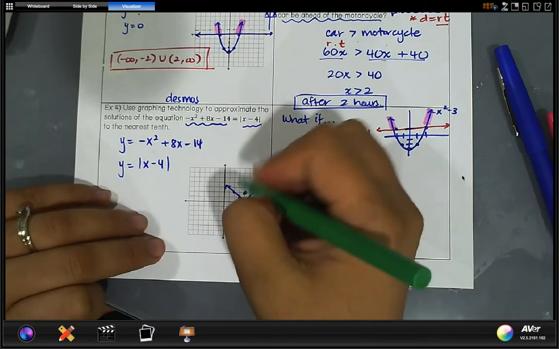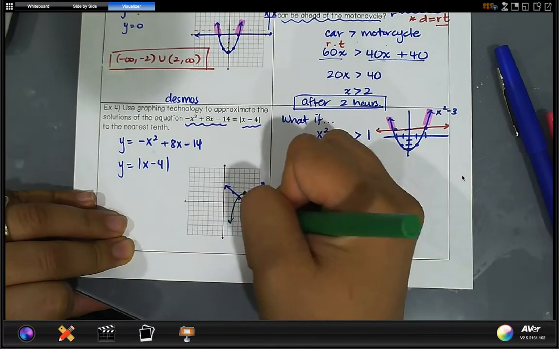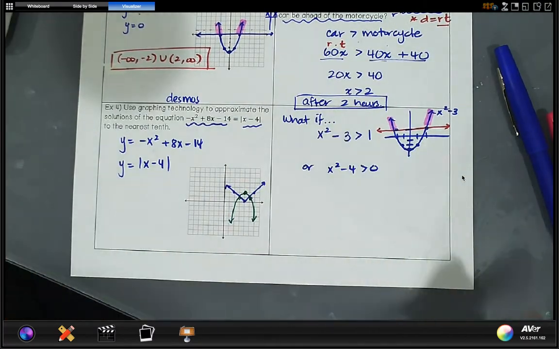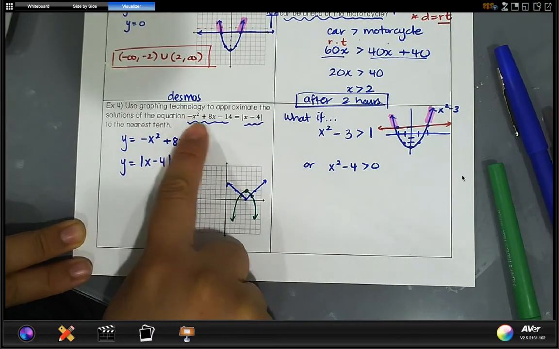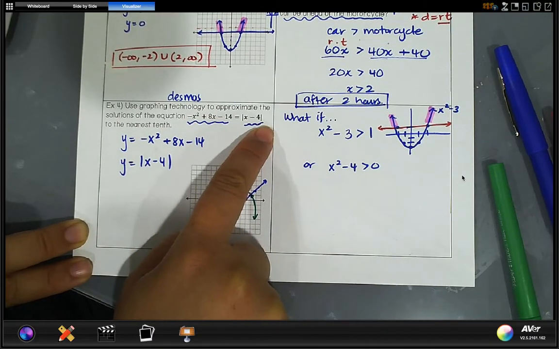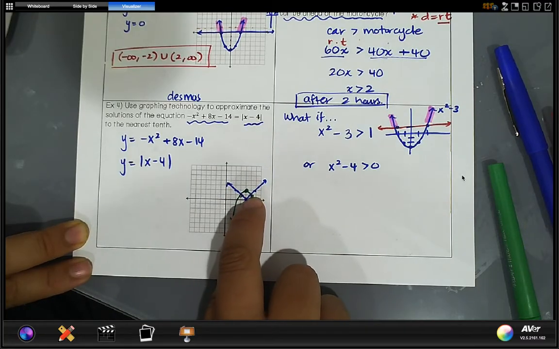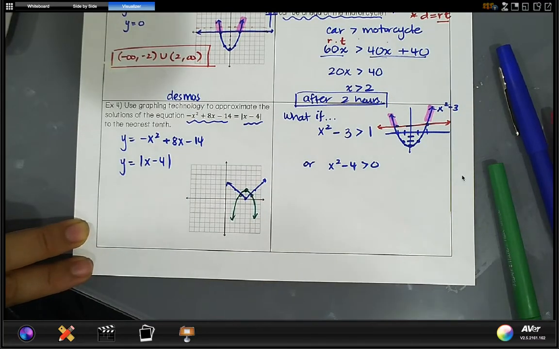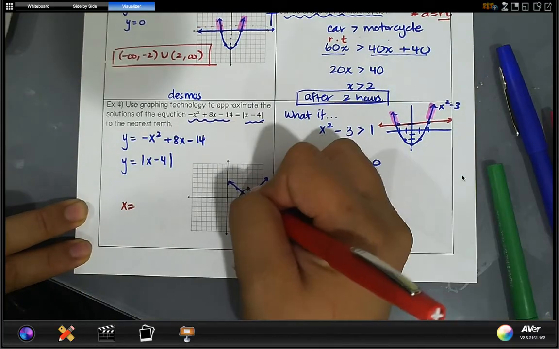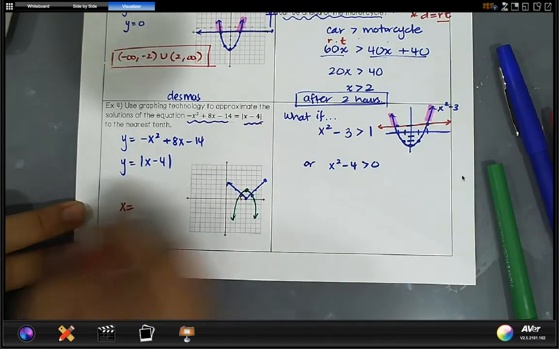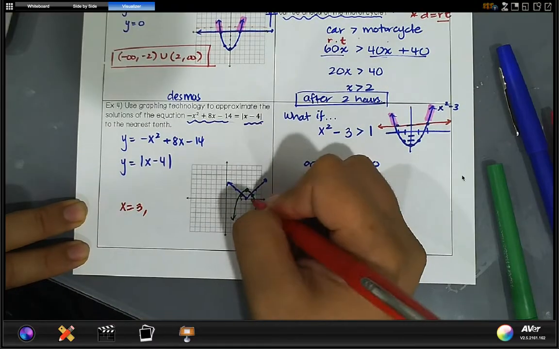So back on my paper, I'm sketching it. But remember, the original question is asking you to solve, and the original only has x's. So while they meet at 3, 1, and 5, 1, my answer will be x equals, because I'm solving for x, and in this case, it would be x equals 3 and x equals 5.